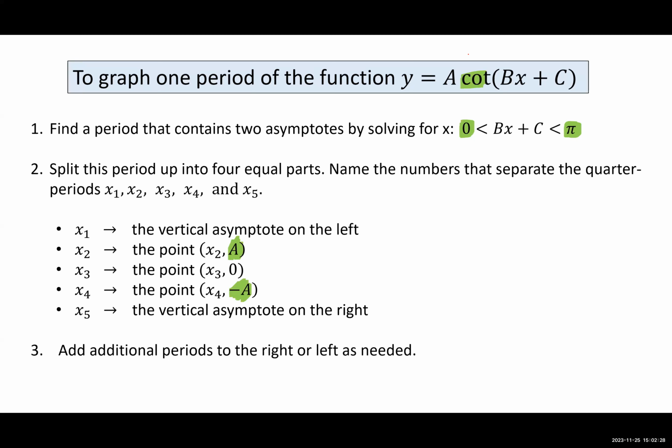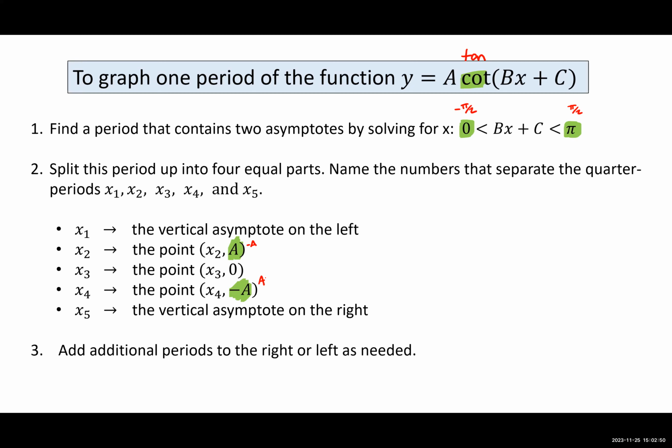Okay. When we were graphing the tangent, so a times the tangent of bx plus c, this was a negative pi over 2. This was a positive pi over 2. This was a negative a. And this was a positive a. Right? So we're taking the same approach.